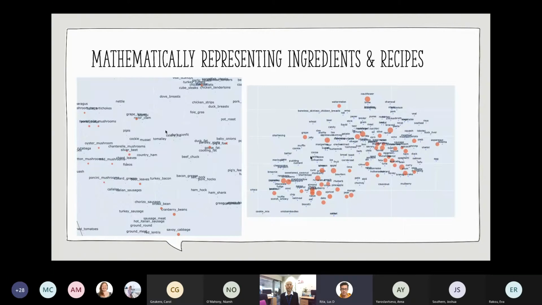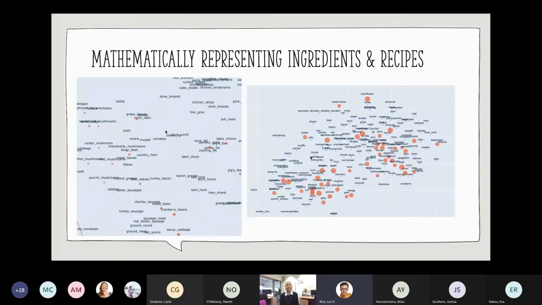We use node2vec when we have graphs where all nodes are of the same type. In this case, all nodes are ingredients, and the connections between nodes are the co-occurrence between those ingredients.